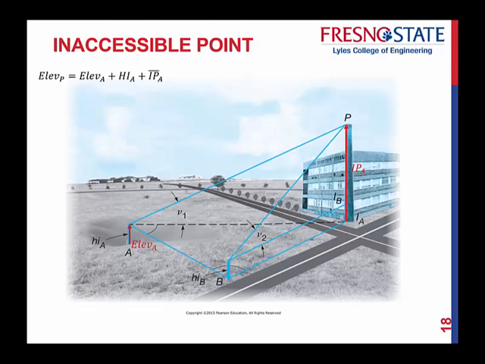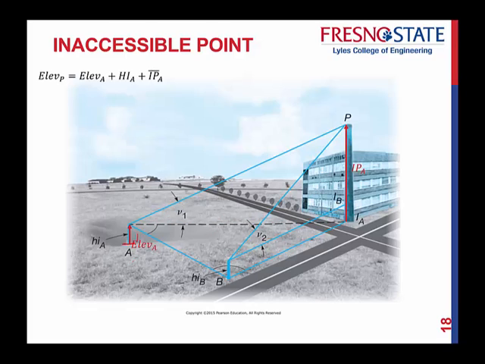So if you look at the elevation of P, the way to figure that out is if you had a known elevation right here, the elevation of A, plus the height of the instrument. If you set up an instrument right here, this line right here is shown to be in the horizontal plane.